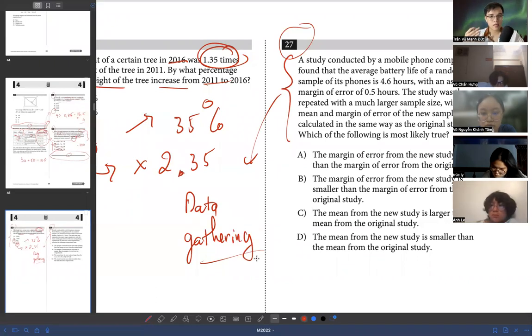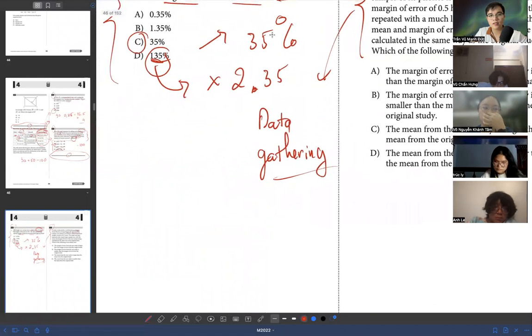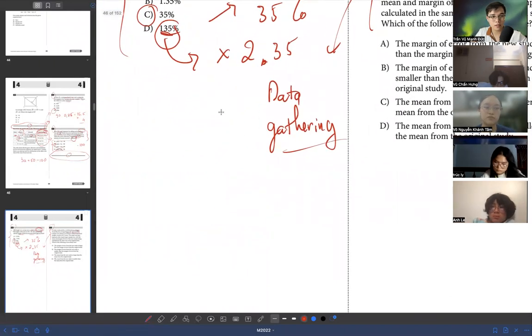Basically, we find out what the error is, or the properties of this study. What is the range? What is the margin of error? And what is the mean and everything like that. A study conducted by a mobile phone company found that the average battery life of random sample phones, this is very important because this is essentially the whole point of random sampling.